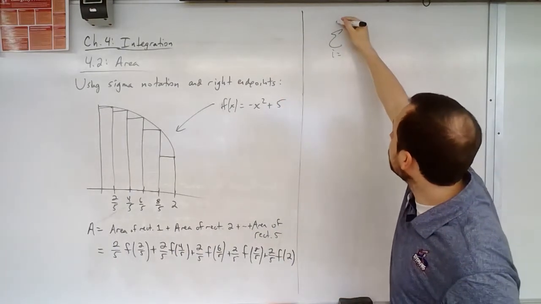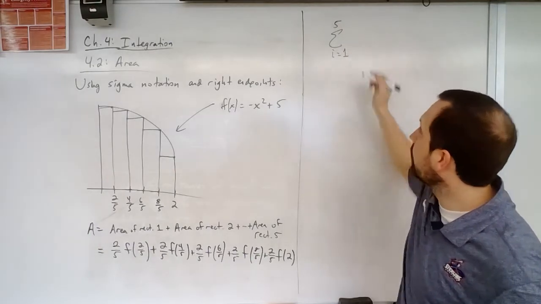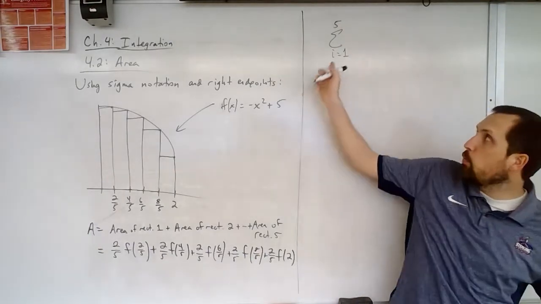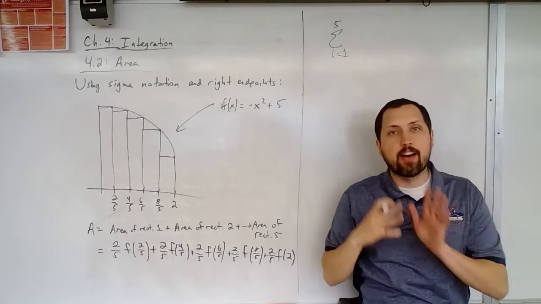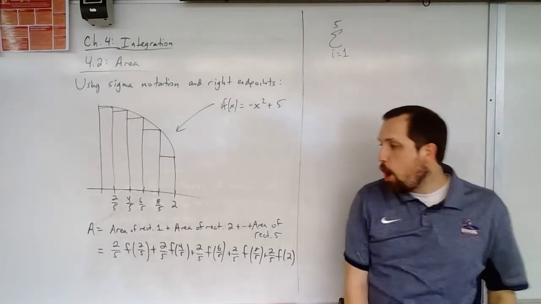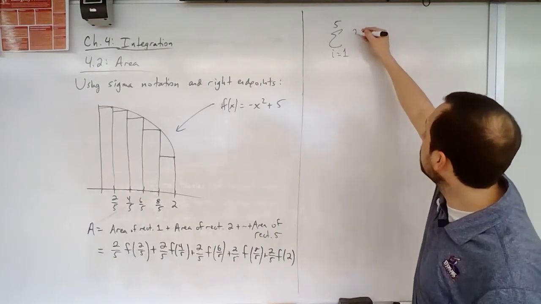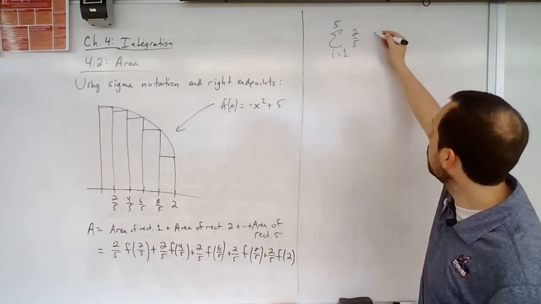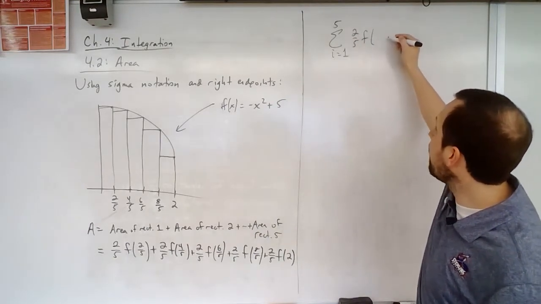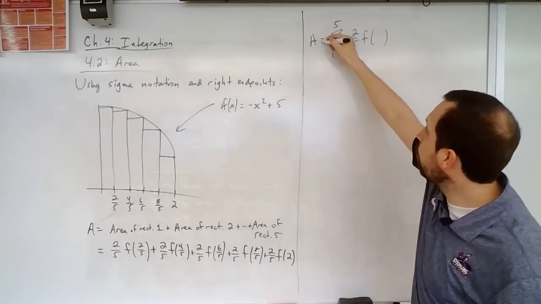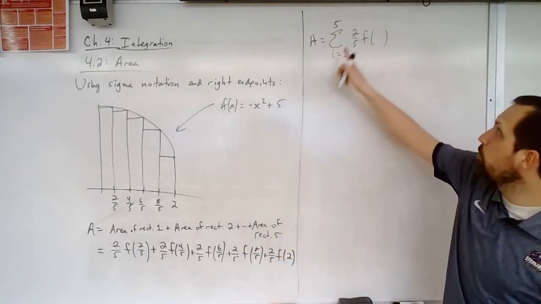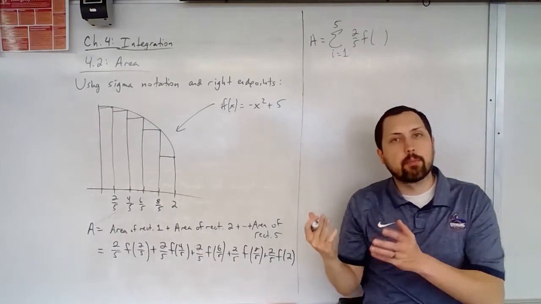So we could end at 5 and start at 1. So if we started at 1, went up to 5, we can add 5 things together. All of these terms have a 2/5 present in them. All of them also have an f. So my total area is going to be 2/5 f of something.